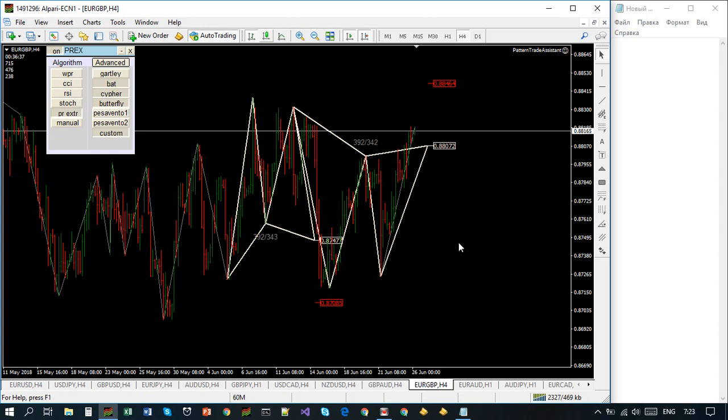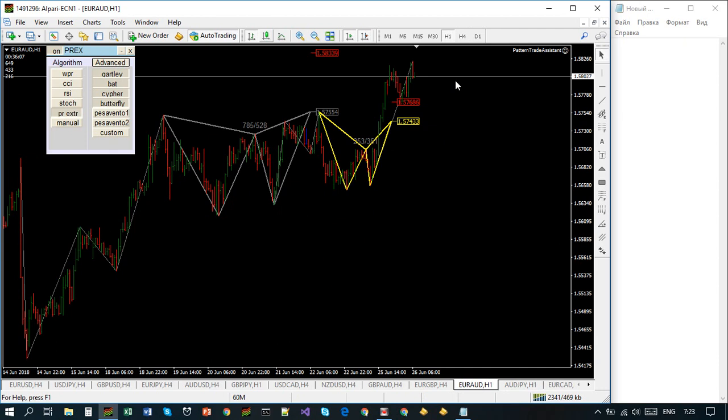Well, the pattern is not that obvious on 4 hours, so I would wait, a kind of double top here. I would wait for some support resistance trading opportunities here. I wouldn't trade it simply as a pattern. I would trade it as a potential resistance zone. I mean that I need some confirmations for that.